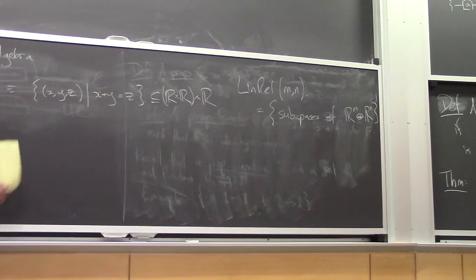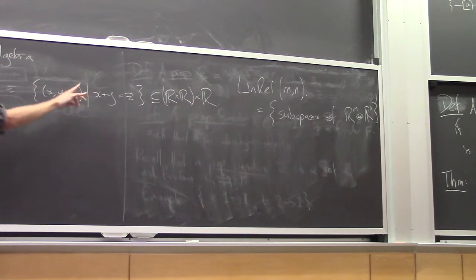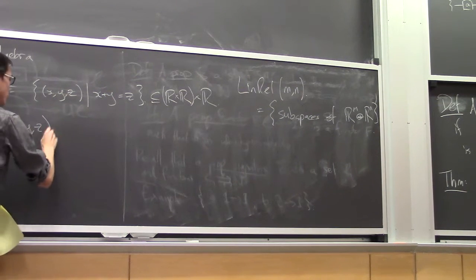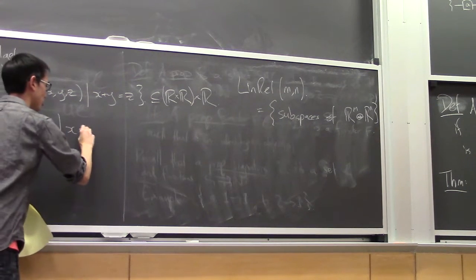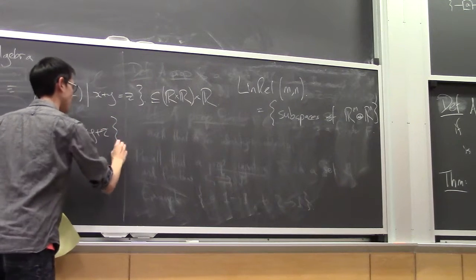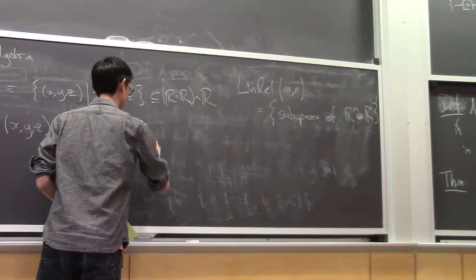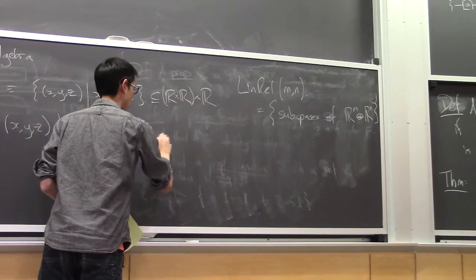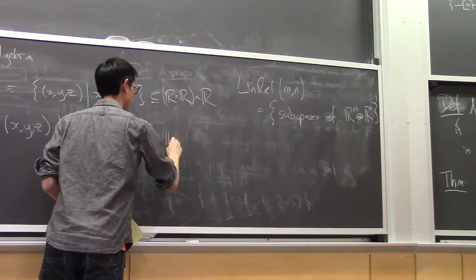And you can compose these like you compose relations. So flipping this around, this thing now interprets not in matrices, but in linear relations, as the set of (x, y, z) tuples such that x equals y plus z. And this is seen as a morphism from R to R squared.